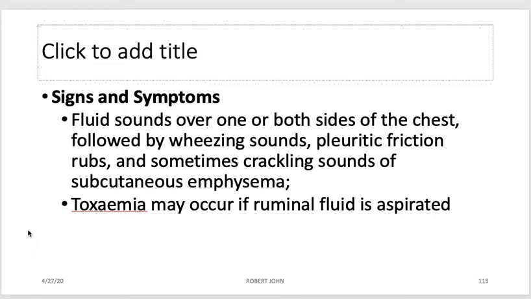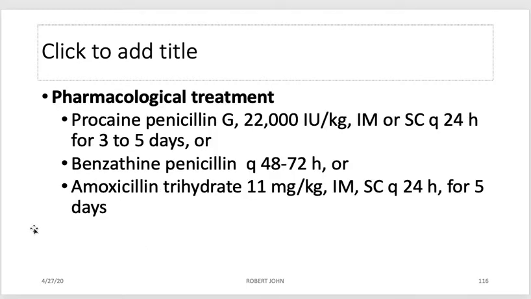So sometimes toxemia can happen, and that toxemia is common in the ruminal fluid. Pharmacological treatment of aspiration pneumonia is the same as pneumonia, in which we use antibiotics, especially the penicillins. Procaine penicillin, benzathine penicillin, and amoxicillin can be used for treatment of this disease. That is it about pneumonia.